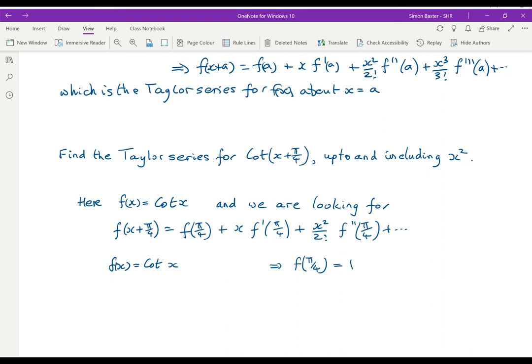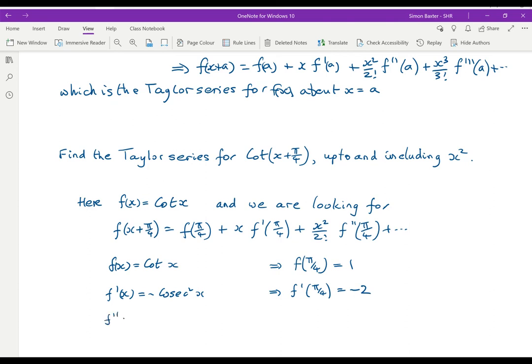I need f'. f'(x) is minus cosec squared x. So now we need f'(pi/4). Well, sine(pi/4) is 1 over root 2. Cosec is 1 over sine, so cosec is root 2. Square it, you get 2. So f'(pi/4) is minus 2.